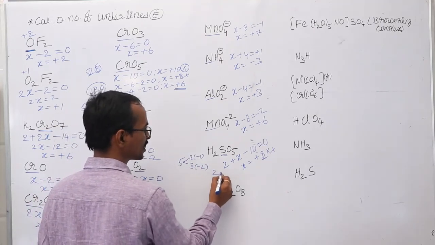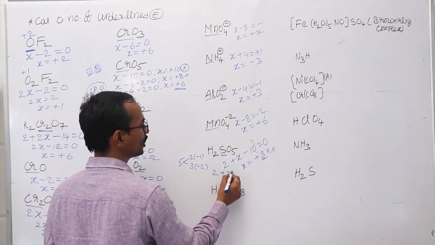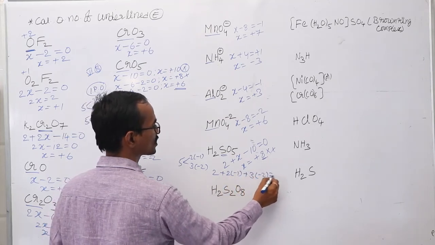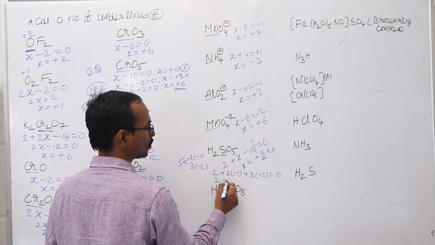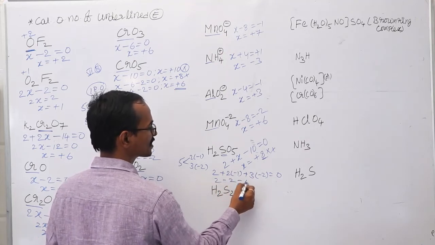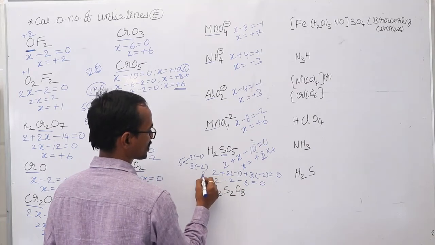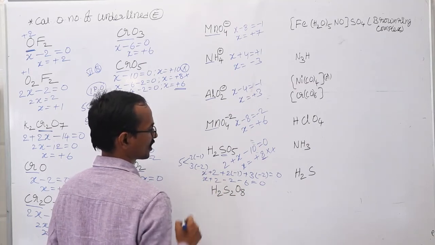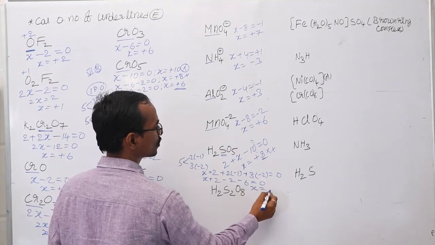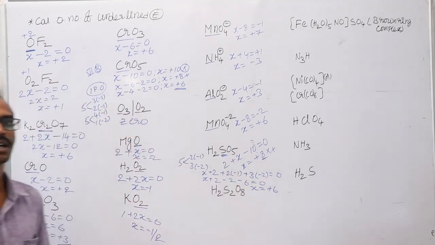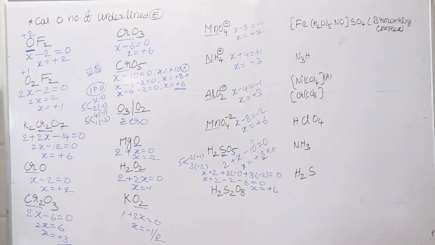Then 2 plus x plus 2 into -1 plus 3 into -2 is equal to 0. 2 plus x minus 2 minus 6 is equal to 0. Then x is equal to +6. So the oxidation state of sulphur in H2SO5 is +6, right?